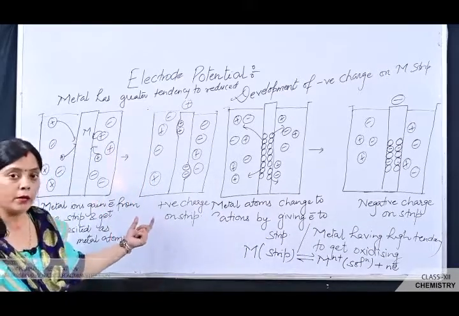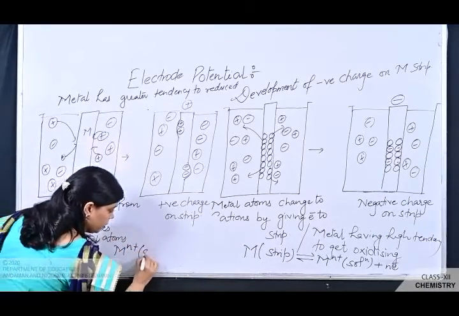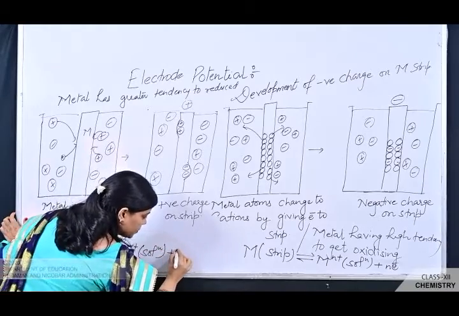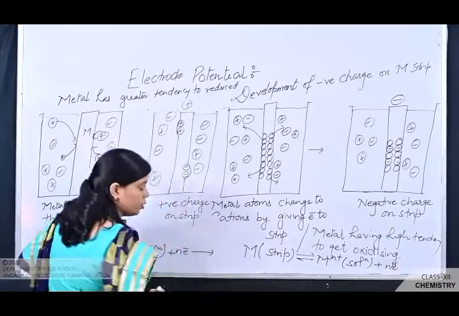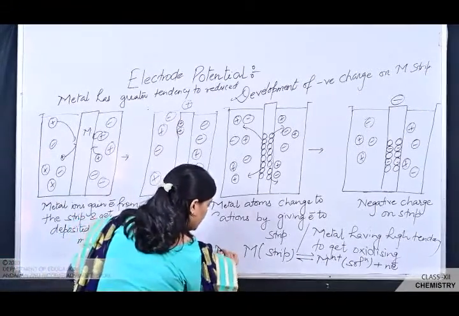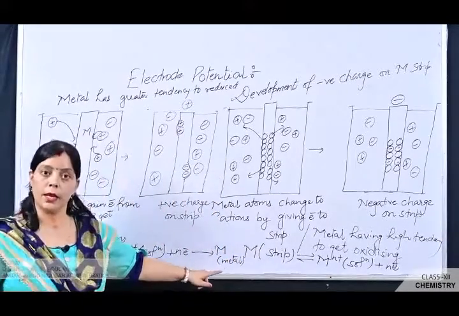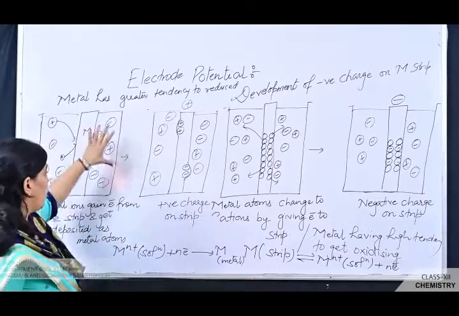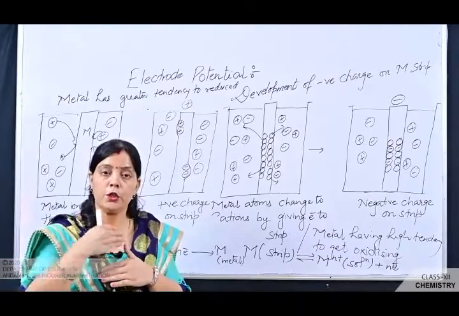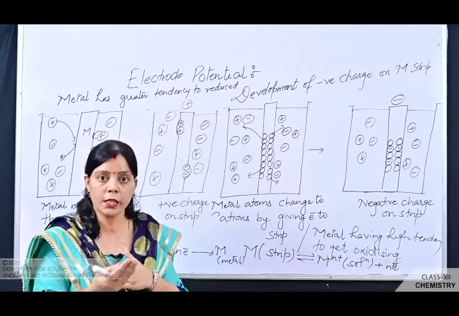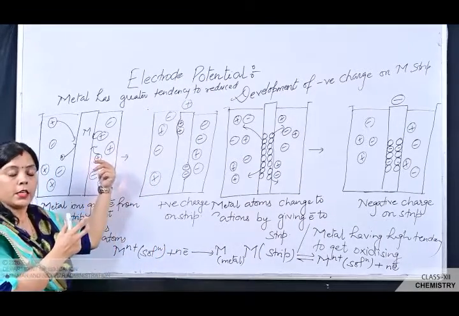So what is the chemical reaction involved in this? The metal ion M^n+ from the solution accepts electrons from the metal strip and undergoes reduction to convert into the metal M. When it is converted into the metal M, positive ions are formed inside the metal strip, because the metal M is converted into the M^n+ ion by losing electrons, and the lost electrons are gained by the ions present in the solution.